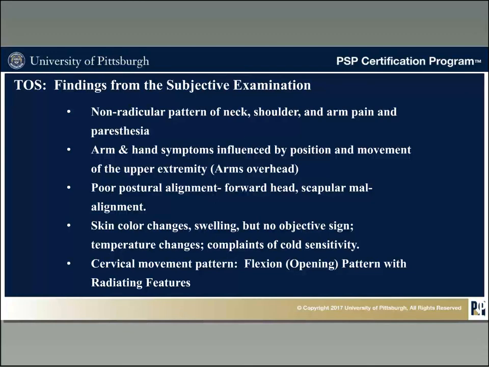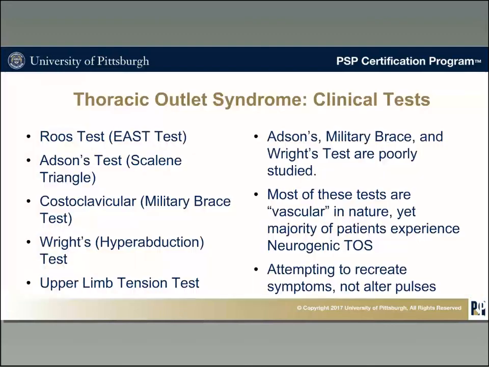Again, as we tension the brachial plexus by turning away from the affected side, this is believed to be the mechanism by which we're able to change or alter the symptoms.